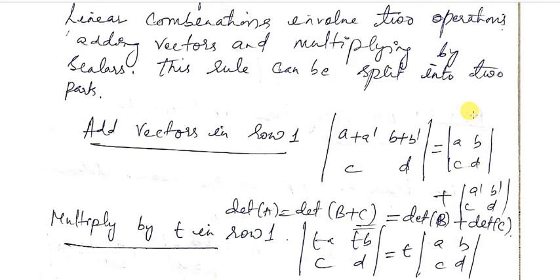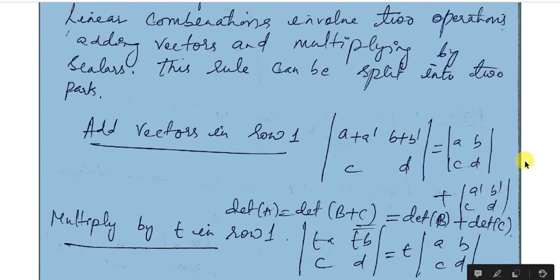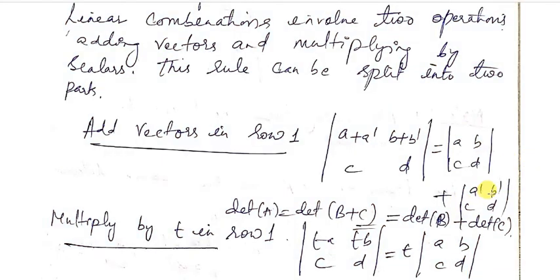So we have the determinant of A plus A dash, B plus B dash over C, D, which can be written as determinant of A, B, C, D plus determinant of A dash, B dash, C, D. So according to this rule, determinant of A is equal to determinant of B plus C, which in turn gives the sum of the two determinants, that is determinant B plus determinant C.